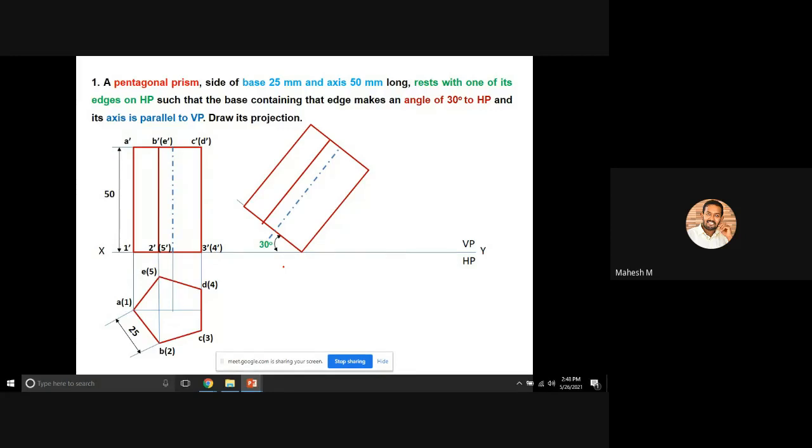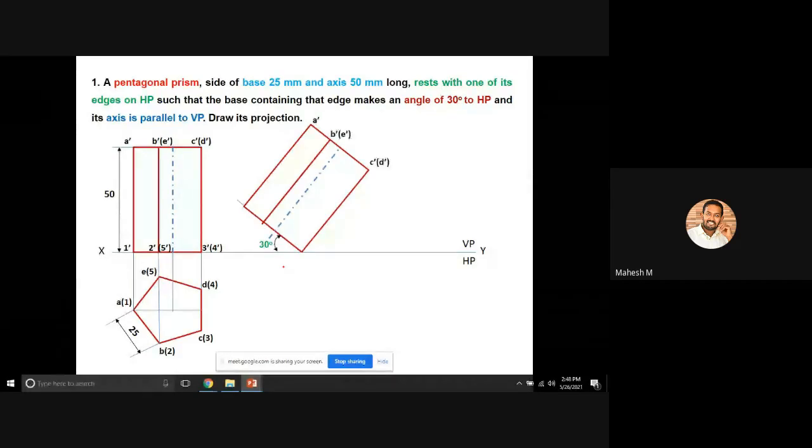Okay, is it clear? So after creating this front view, you can name this front view with the different points. That means 1 dash, 2 dash of 5 dash, then 3 dash of 4 dash. So the bottom surface should have a name like this, and the top surface should have the names A1 dash, B1 dash of E1 dash, and C1 dash of D1 dash. So like this.